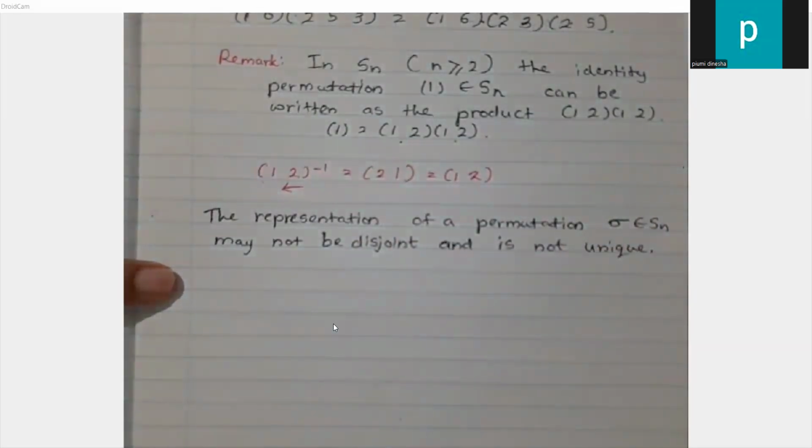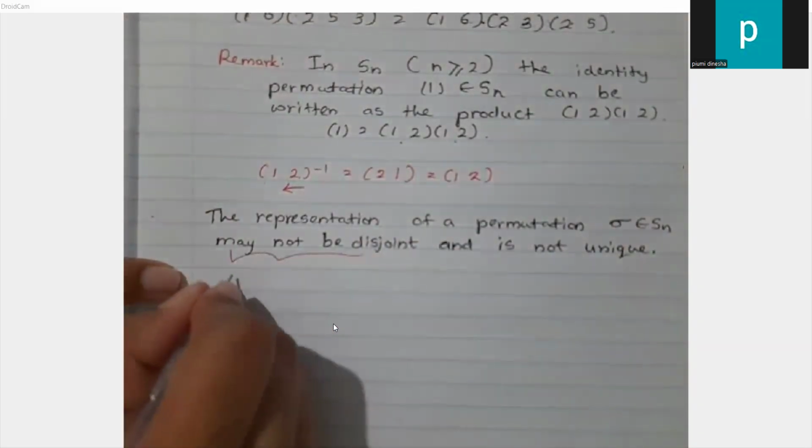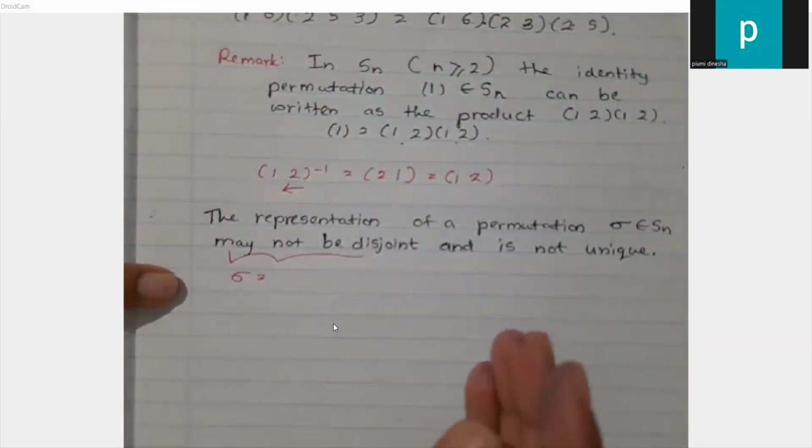And this representation is not unique. Why do I say this? May not be disjoint. Some permutations will simply be two cycles, right?